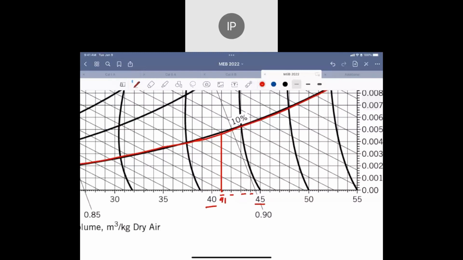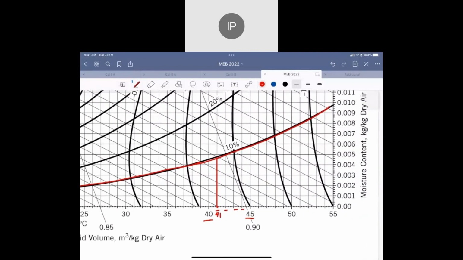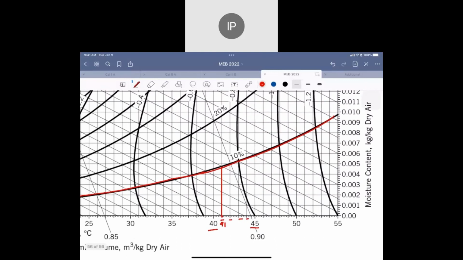What else do we have? Absolute humidity. Okay, absolute humidity we could get from the moisture content, the right side. So we could take it to around here. So it's between 0.004 and 0.005, but it's close to 0.005.